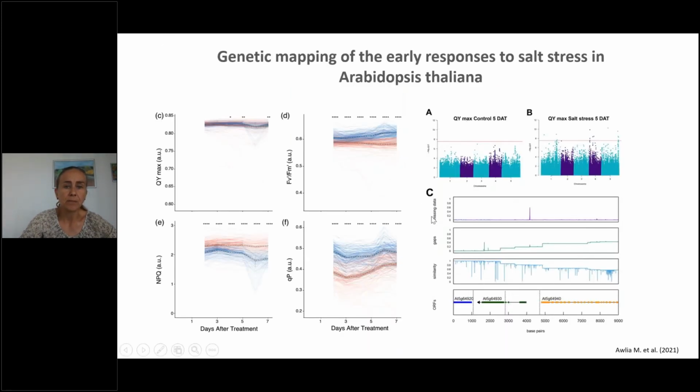And another example, this time from the lab of Mark Tester, where chlorophyll fluorescence imaging was very effectively used to characterize early stress responses in Arabidopsis, and finally was used for identification of genetic loci linked to this type of stress responses.